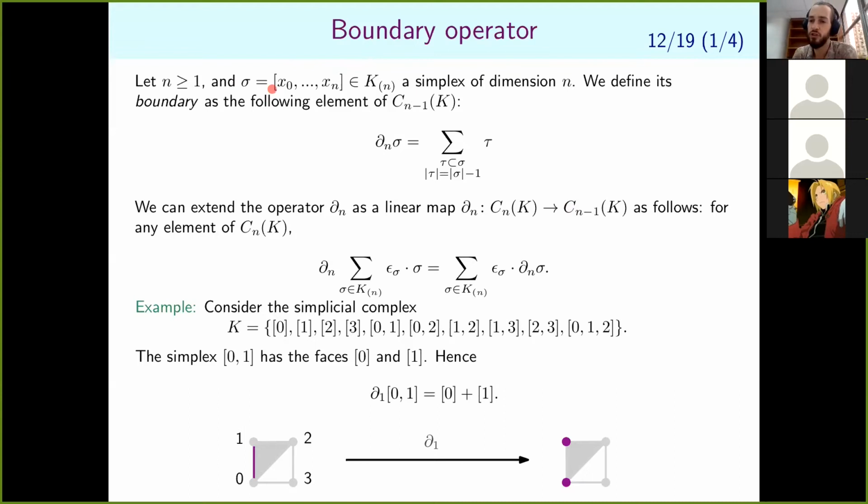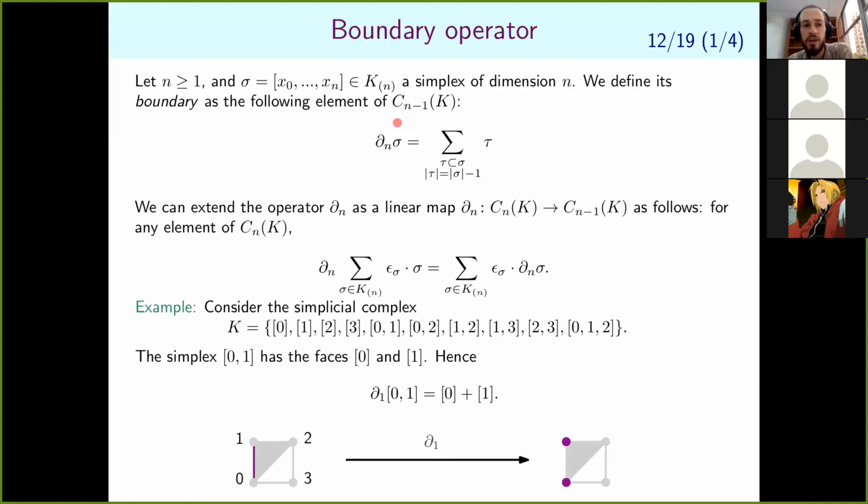A simplex of dimension n consists of n plus 1 vertices. This is an element of the n chains, and I will define its boundary as an element of Cn minus 1 of k as follows.